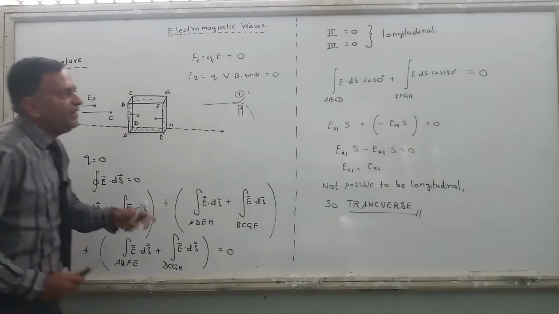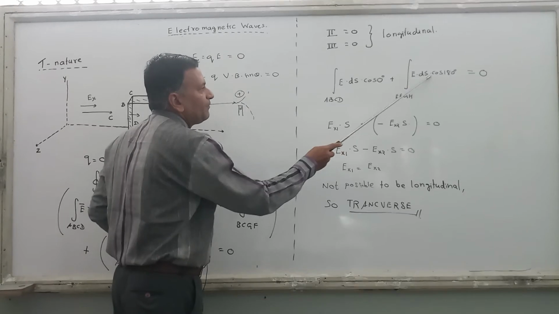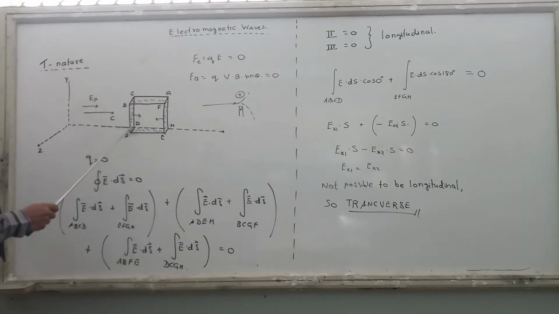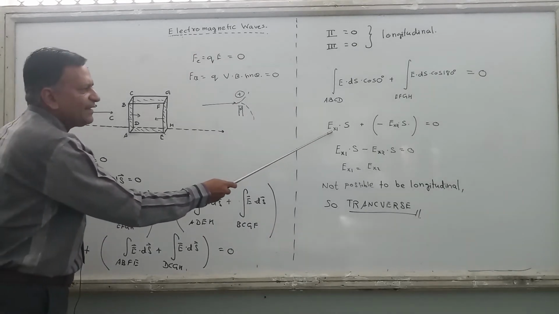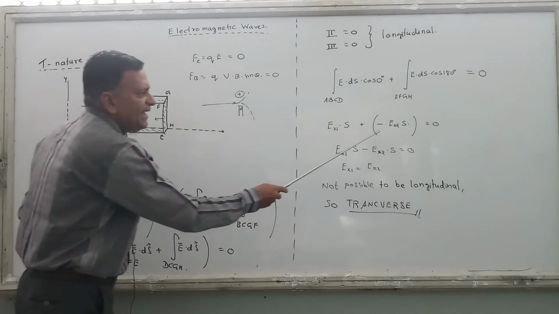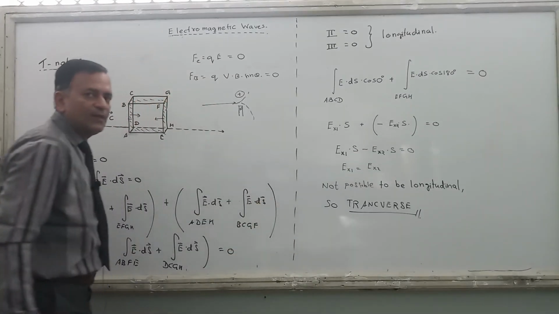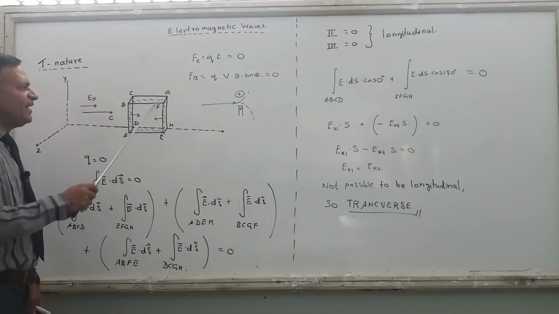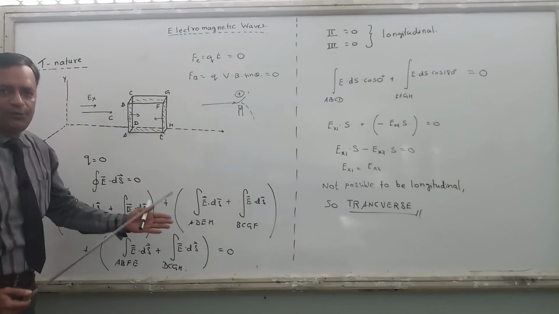So what is the angle between them? It is 180, right? Suppose the electric field on this surface is EX1 and the electric field on this surface is EX2. Clear? This surface area ABCD and this surface area EFGH, दोनों का magnitude same होगा.